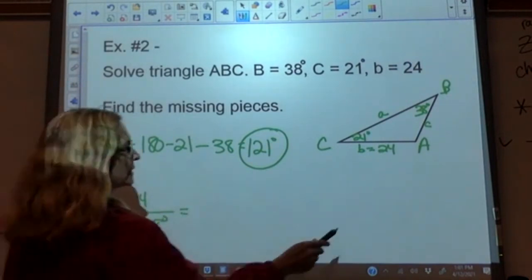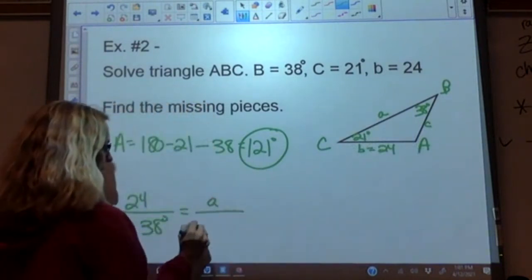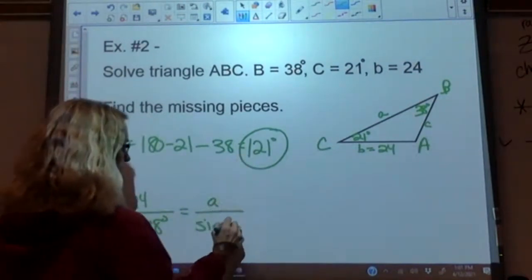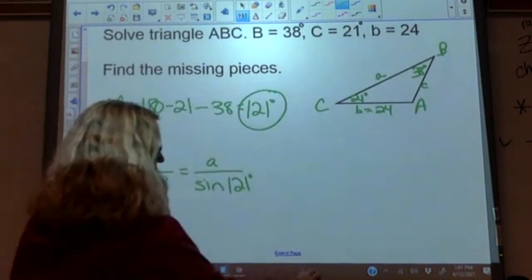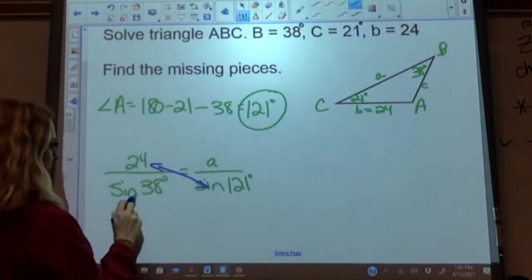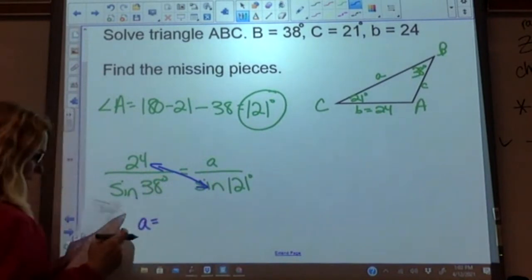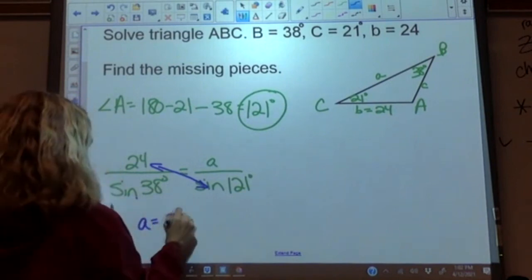Now I need to find side A and side C, so I'll start with A, and put this over sine of angle A, which we just found is 121. To solve this, I would cross multiply and then divide, and I would get A equals 33.4.